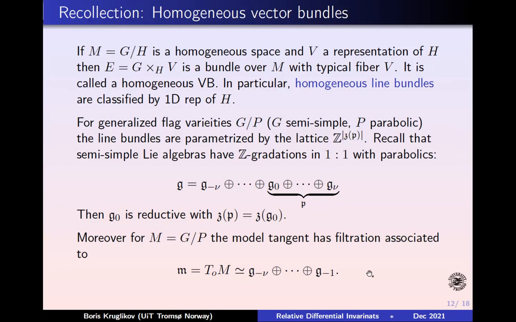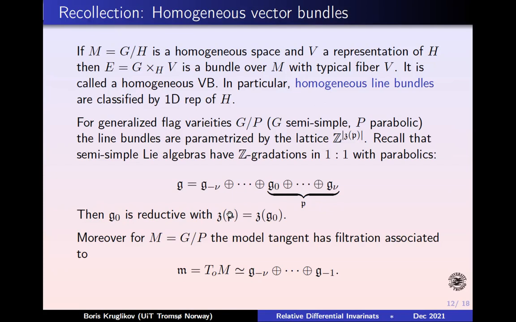Okay, and the model tangent space for this homogeneous space M has a natural filtration, and the corresponding gradation is the negative part of this gradation. So you say that ZP we should not read it, so only that on G0. Okay, ignore the ZP. The ZP actually is 0, yes.